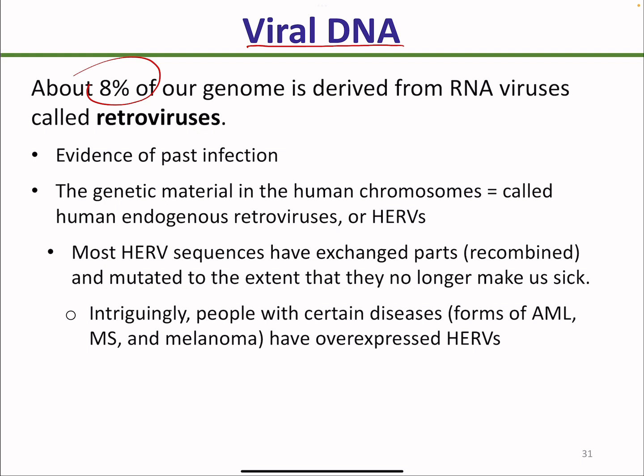Among that DNA, some actually comes from retroviruses. These are RNA viruses that come and insert in our DNA. Consider, for instance, HIV infection. Many people infected with HIV live a normal life, even without taking antiretrovirals.